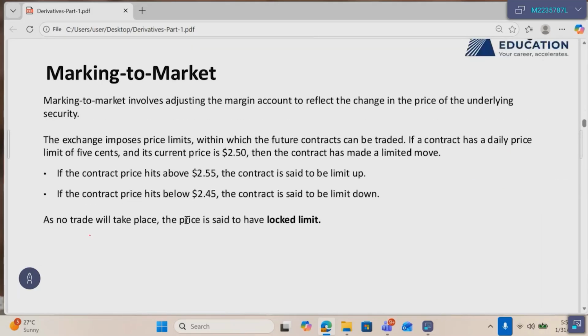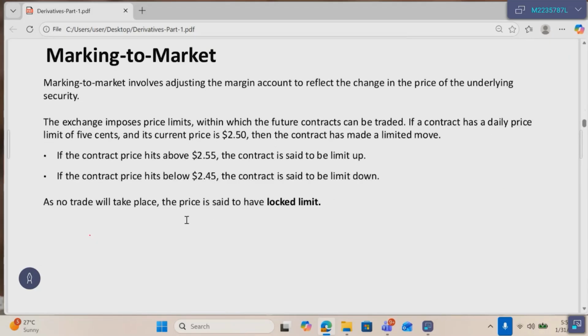Now, what exactly is mark to market? I already tried to explain to you. For example, let's say I work a contract at 2.5 and the contract price goes above 2.5, then it's called limit up. Meaning if it went beyond the limit, above the limit, it is limit up, and below the limit, limit down.